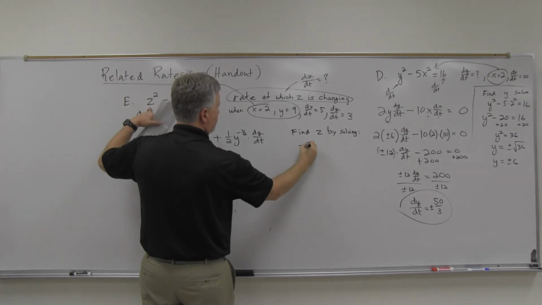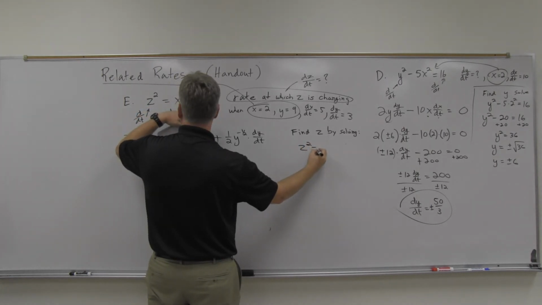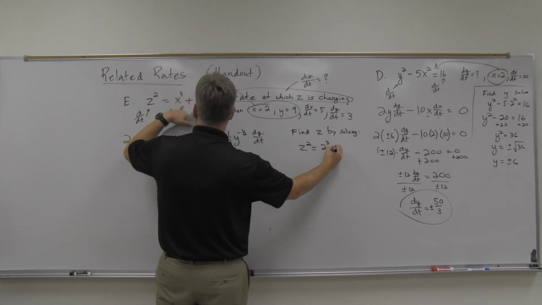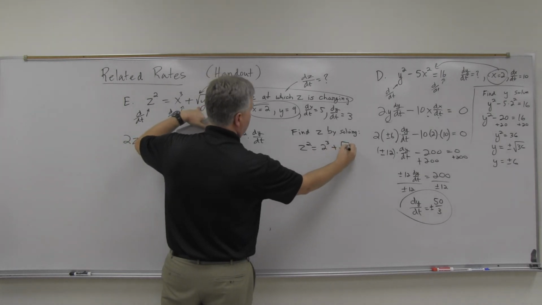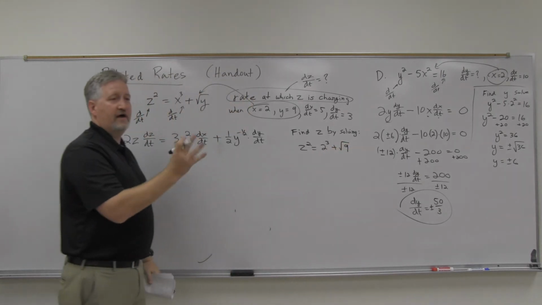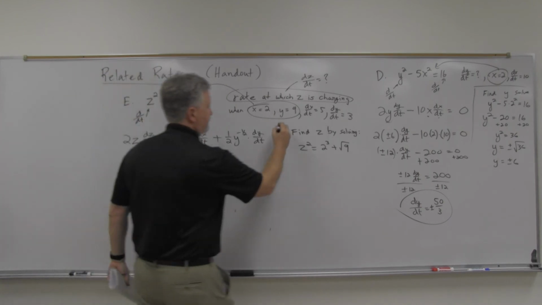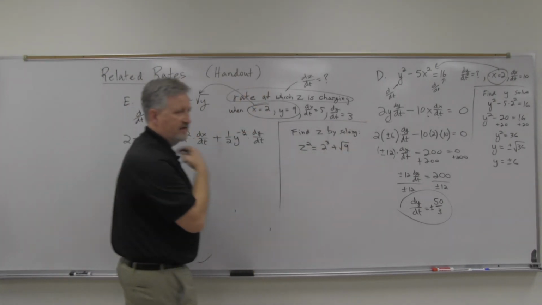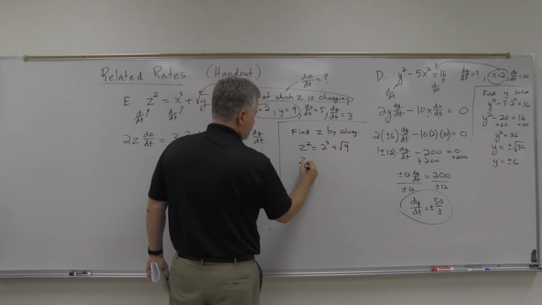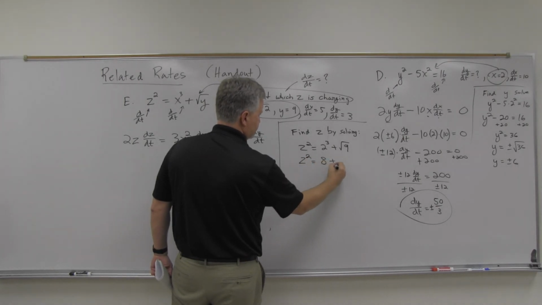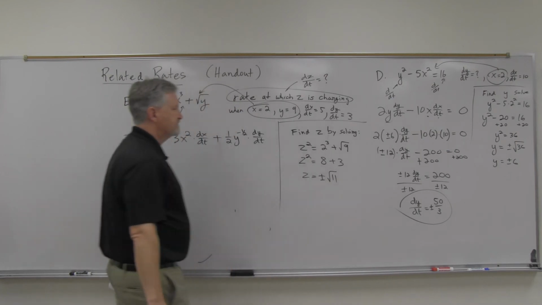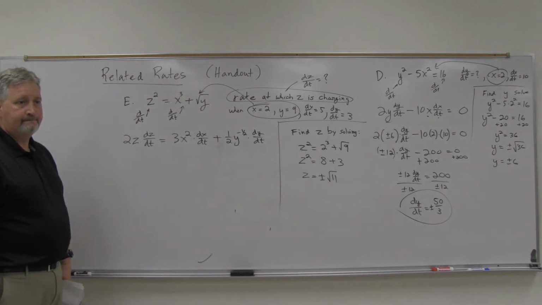So z squared equals, the x is 2, so that'd be 2 cubed, plus the square root of y, which is 9. If I solve that, that'll give me my z values. Which is 8 plus 3, so z is plus or minus the square root of 11. Okay?